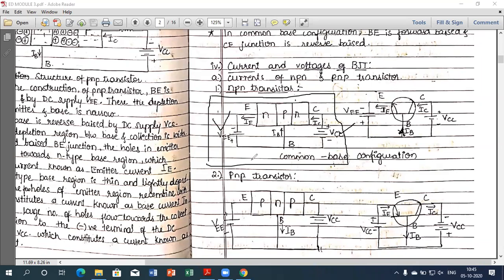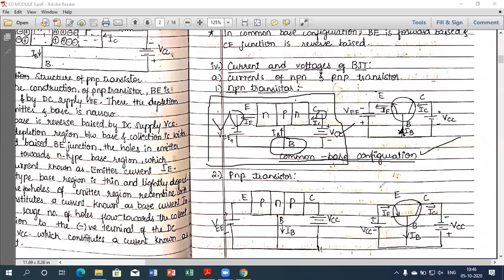From this we can say that the base is common between the emitter and the collector. I hope you guys are getting this. This base is common for both emitter and collector. So I call this a common base configuration, which is written here.